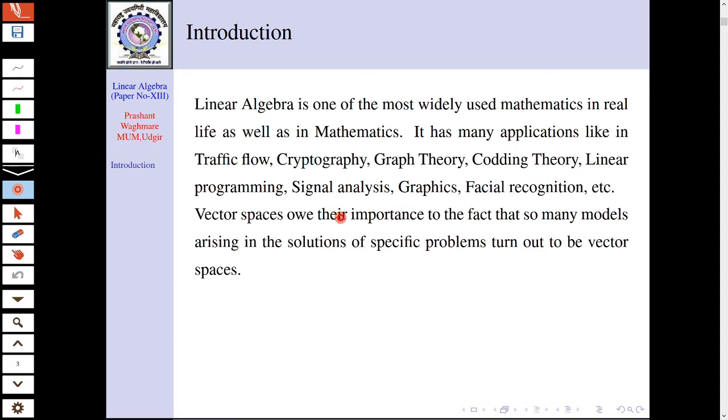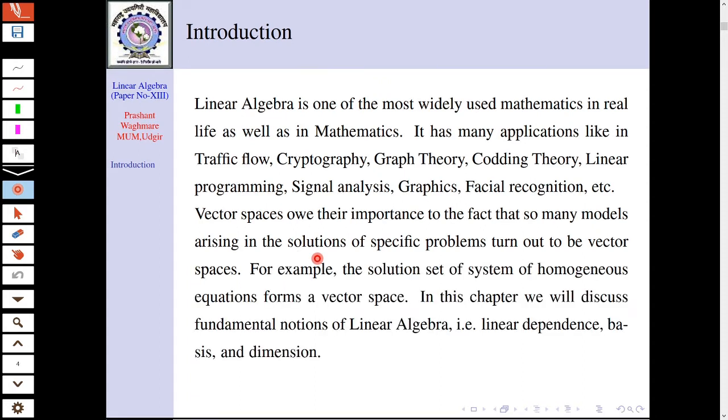So basically, in linear algebra we are going to study spaces. We call them vector spaces, and they have their own importance. Vector spaces arise as the solution set for many problems.